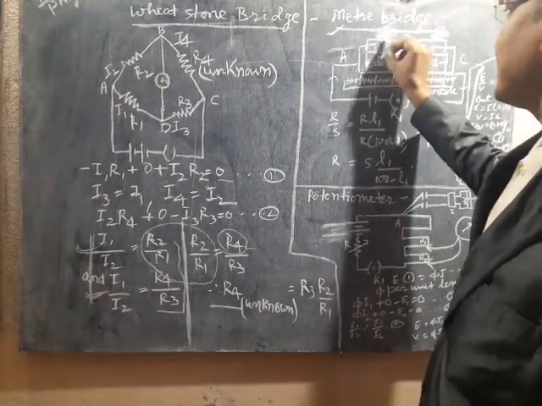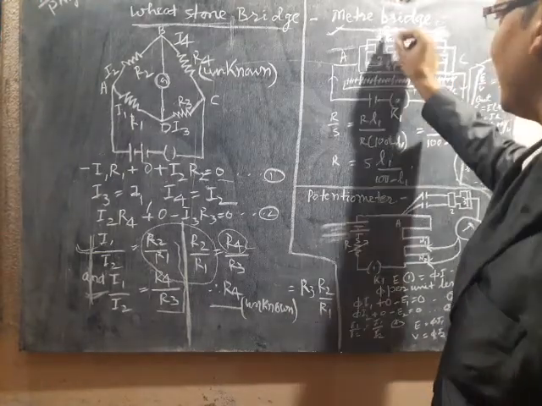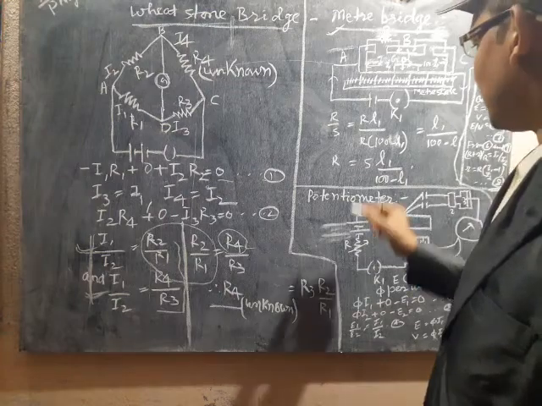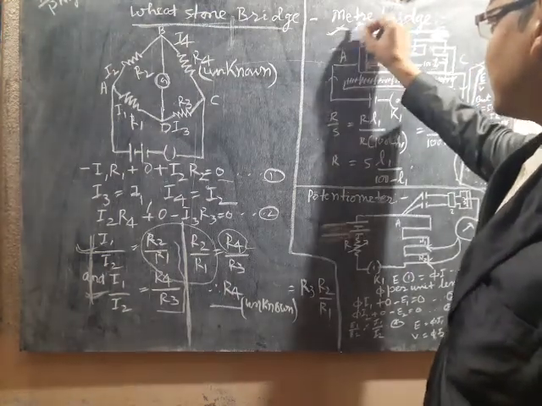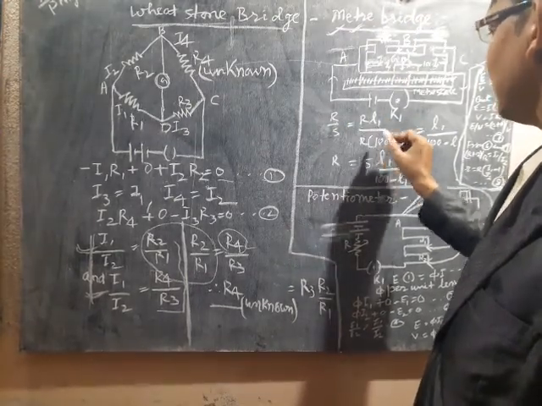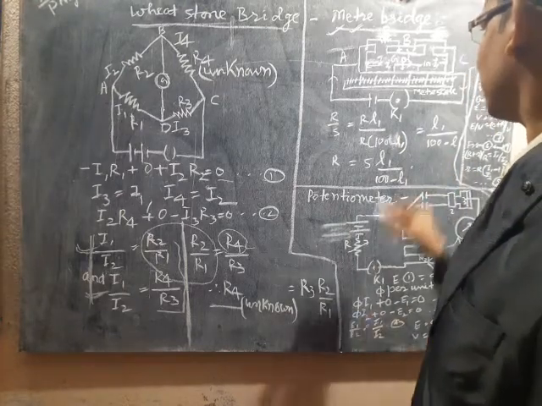Now resistance R and S like this: R L1, S 100 minus L1. For a meter bridge, R by S is equal to R L1 by R 100 minus L1. Try to understand this.